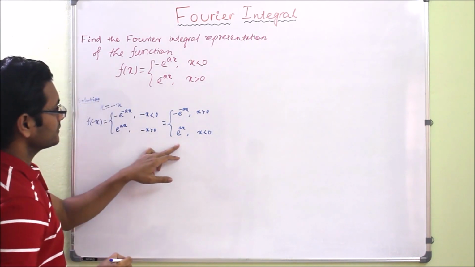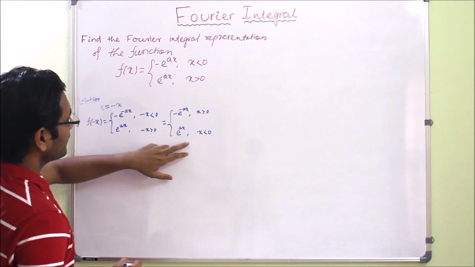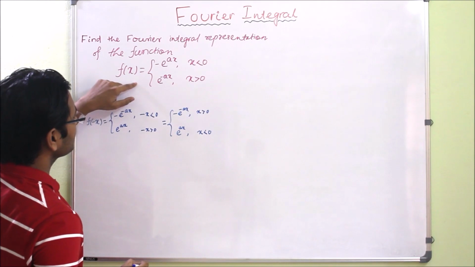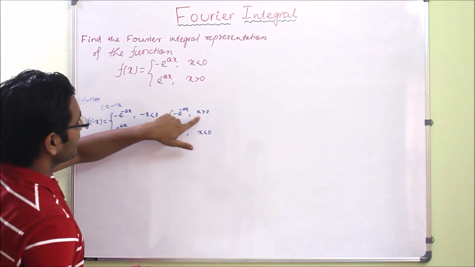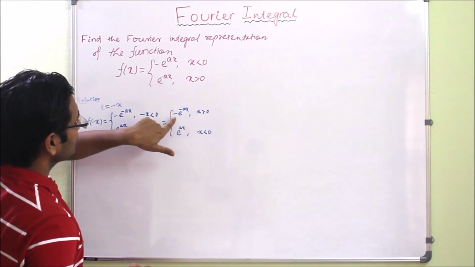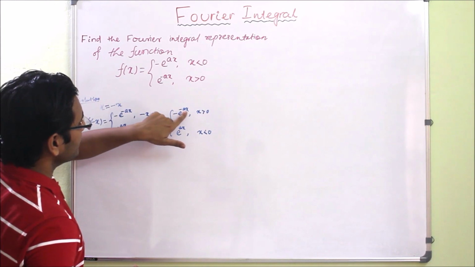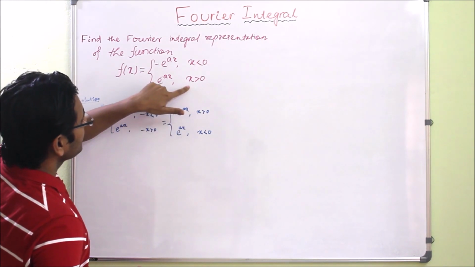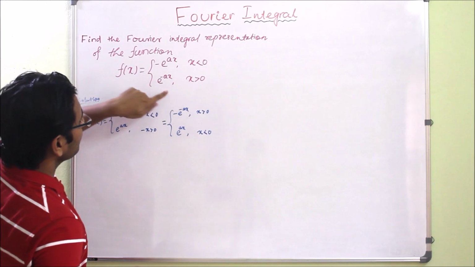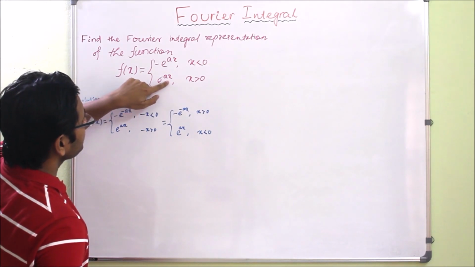Now if we compare this with the given function, we can see that when x is greater than 0, here we have minus e to the power minus ax, but in the problem for x greater than 0 we have e to the power minus ax.